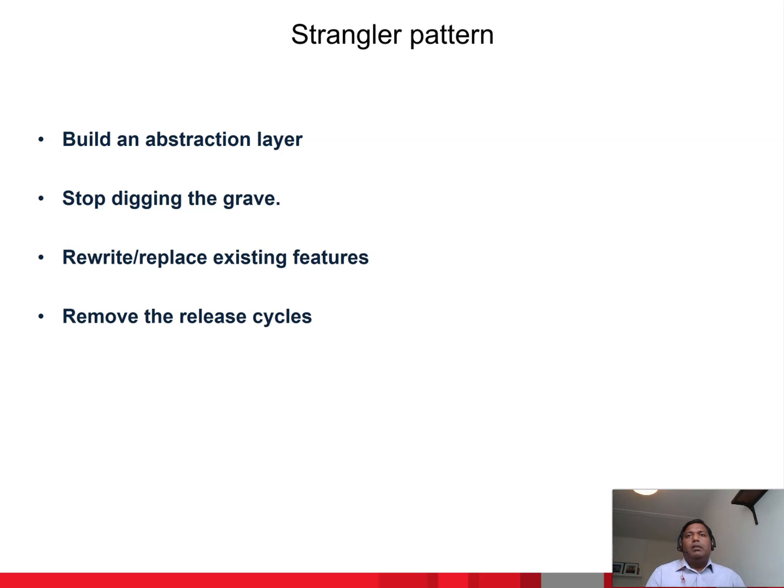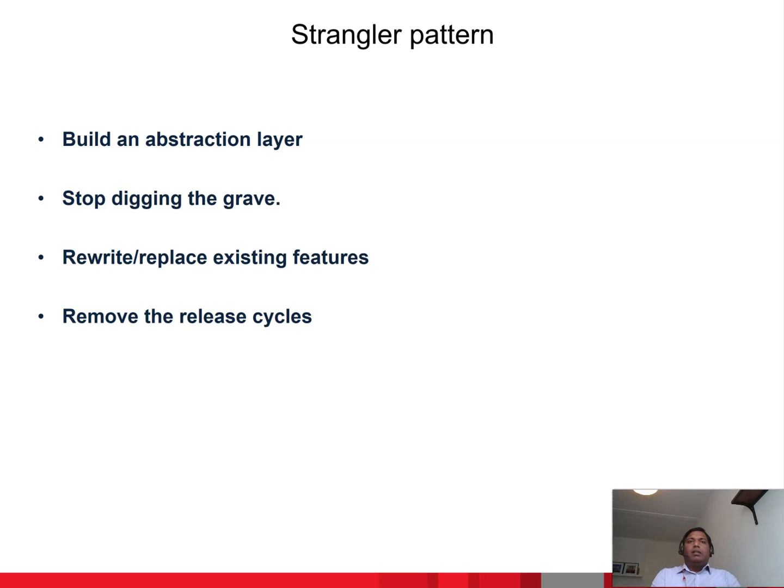Build the new functionality following the SOA principle, or even better, follow the microservices principle. And at that time, we can also have 12-factor application patterns. We also need to make sure your new functionality is loosely coupled with your monolithic and with other application functions. It does one clearly defined function and it is autonomous.